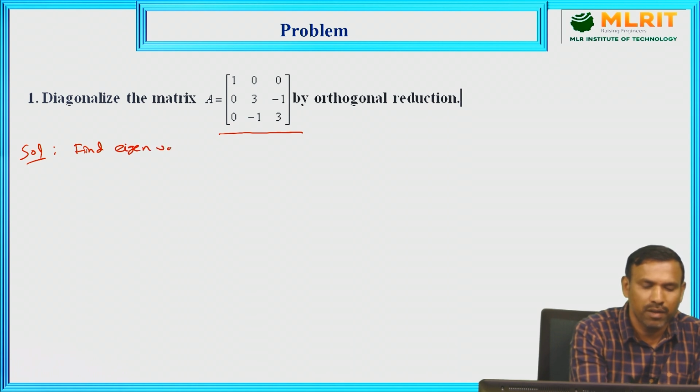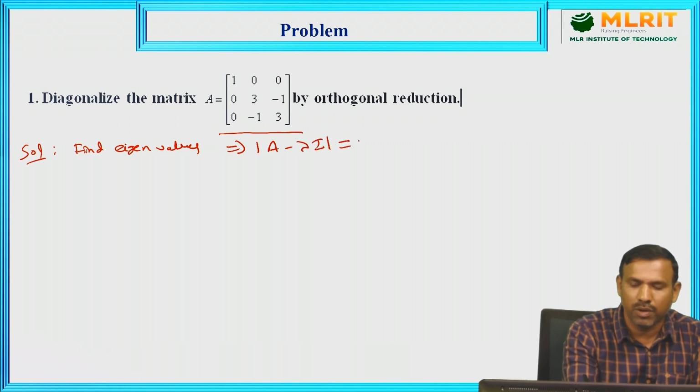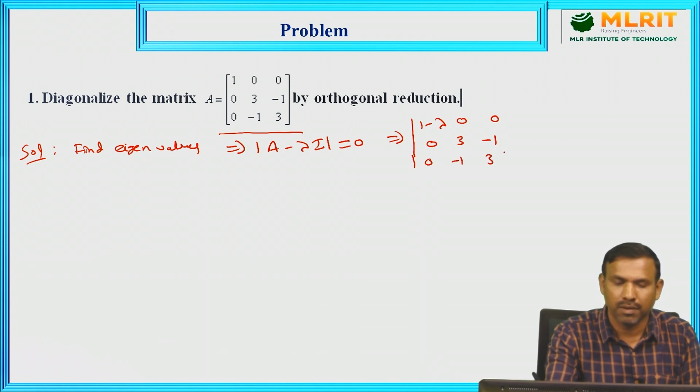We know very well: det of A minus lambda I is equal to 0. That means det of [1 minus lambda, 0, 0; 0, 3 minus lambda, minus 1; 0, minus 1, 3 minus lambda] is equal to 0.